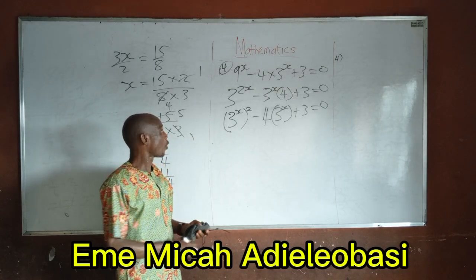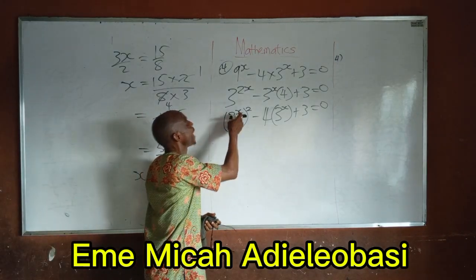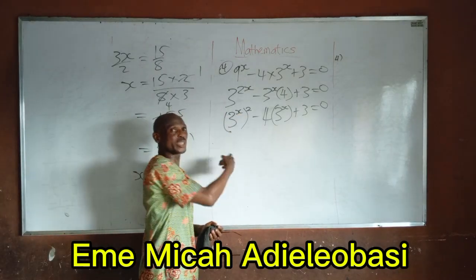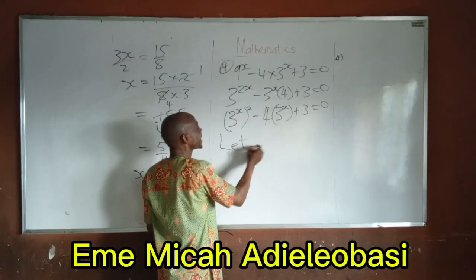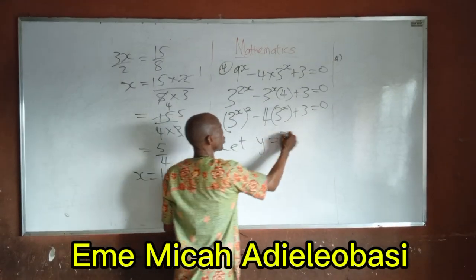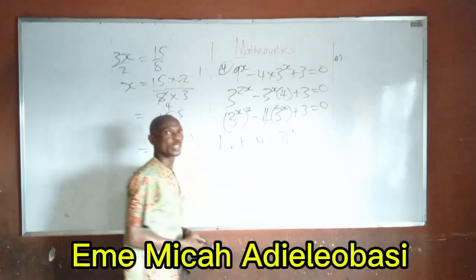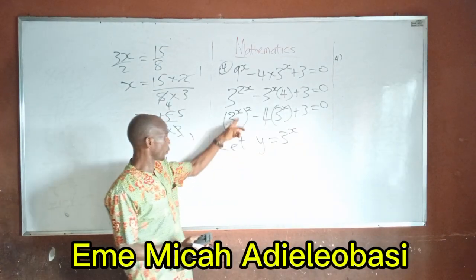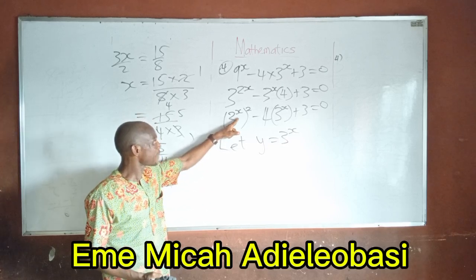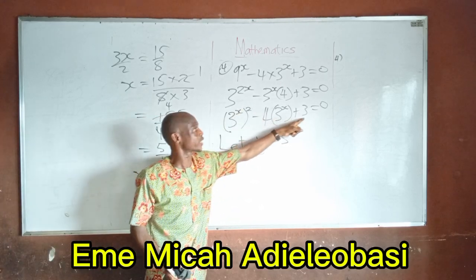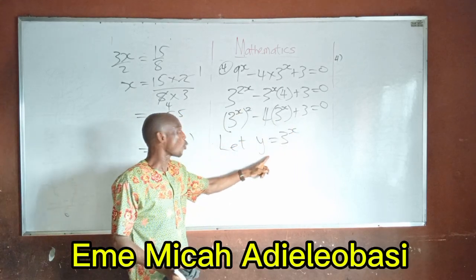We can decide to replace this value or substitute it with another letter. Let me say, for example, let y be equal to 3 raised to power x. We are going to use a value to represent 3 raised to power x. It means that wherever we have 3 raised to power x in this equation, we are going to put y.